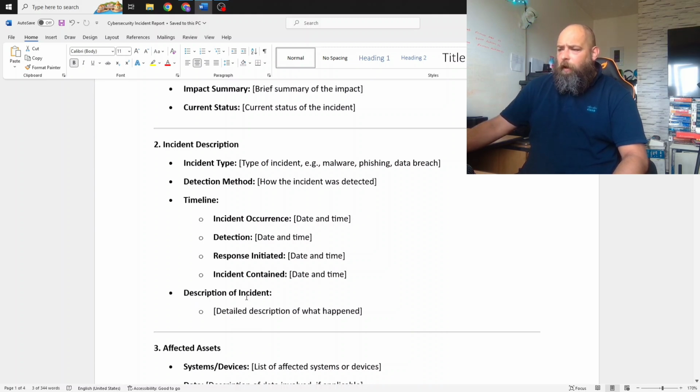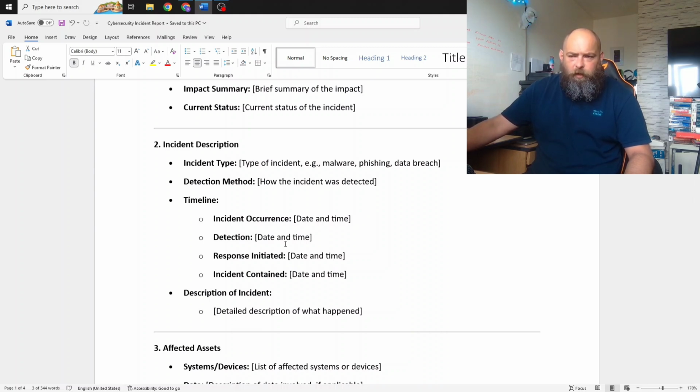Along with that, you would have a description of the incident, and that is detailed of what happened. Now, in relation to this timeline, you would probably find it's quite an exhaustive document. In the event that it happens to be for a fairly moderate-sized organisation, the response initiated and the incident being contained, the occurrence and detection, may very well involve statements from security personnel.